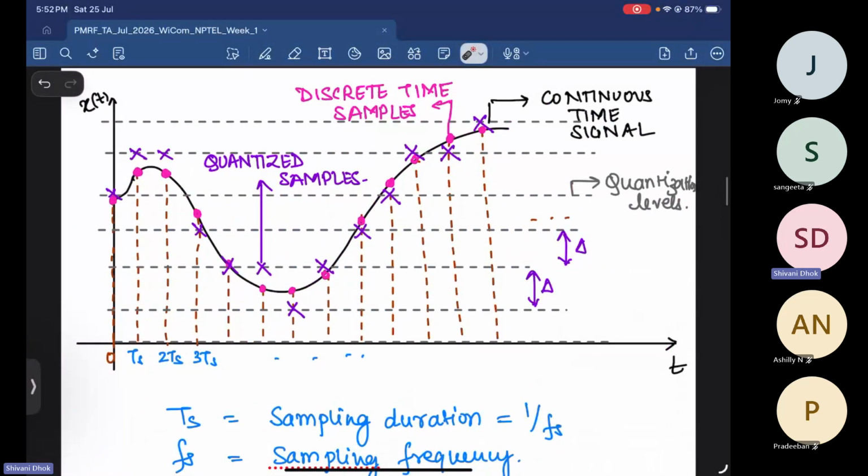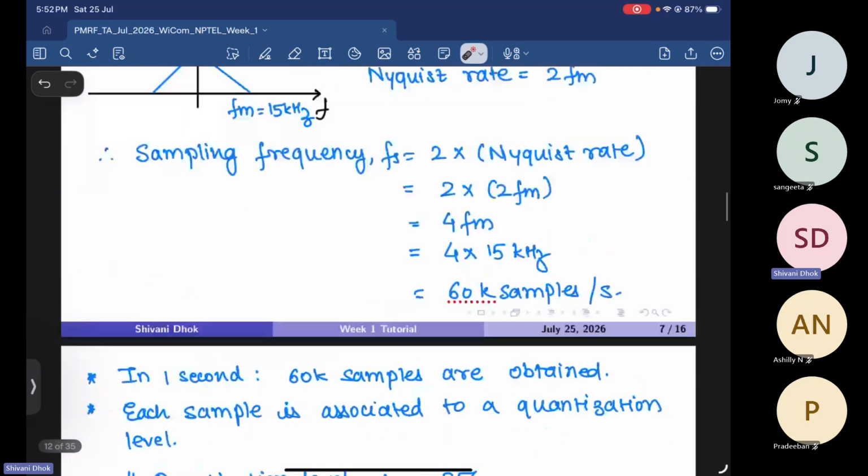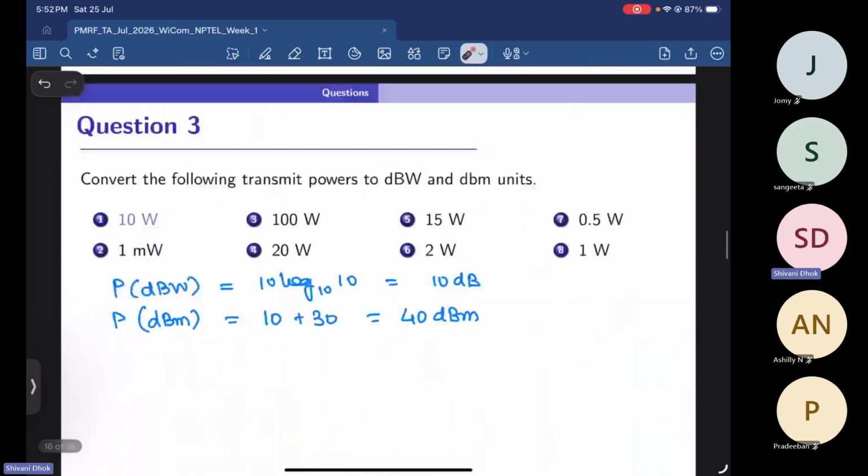We had a continuous time signal. We sampled it in time. Then we got the discrete time samples. Then we quantized it in amplitudes, and then we associated each of these quantization levels with a particular number of bits. So after doing all of this, what we are going to see is a sequence of bits.